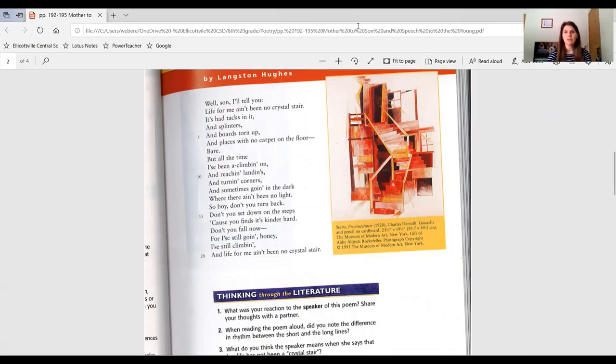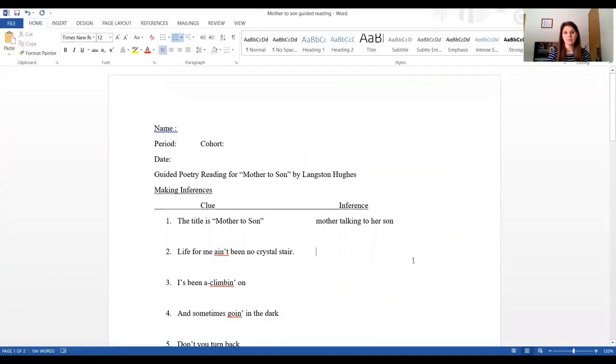So what does she mean when she's saying that life for her ain't been no crystal stair? She's saying life has not been easy, right? But how about the "I's been a climbing on"? So even though all these terrible things are in her staircase, she keeps climbing, she keeps going.